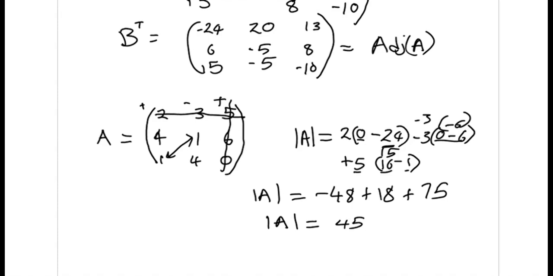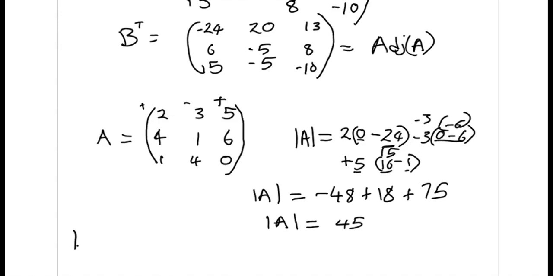So having gotten the determinant of A, which is 45, I'm going to write down the formula we use in getting the inverse of a square matrix, a 3 by 3 matrix.